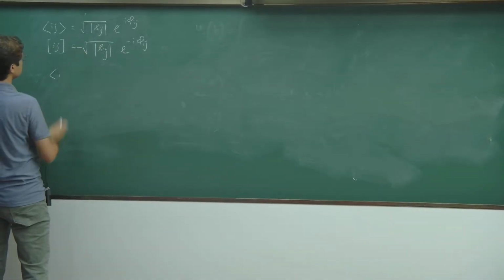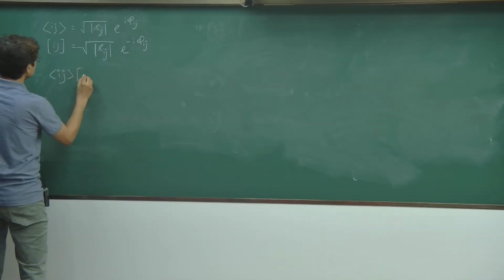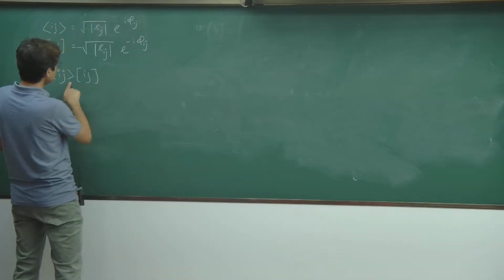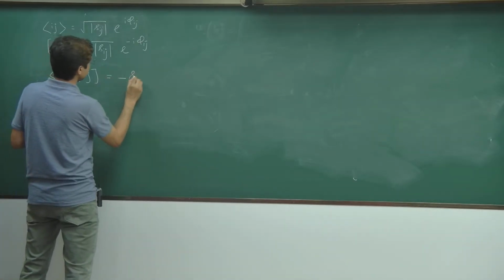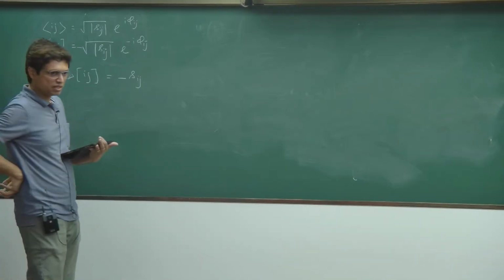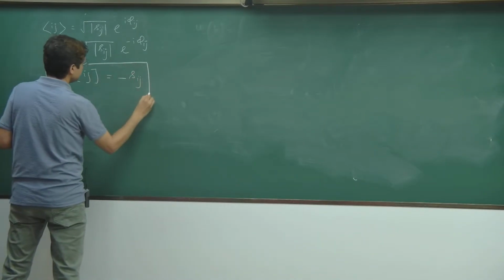So the main point is that from here you get a very useful relation: ij angle times ij square is equal to minus S_ij. So that is one useful equation.